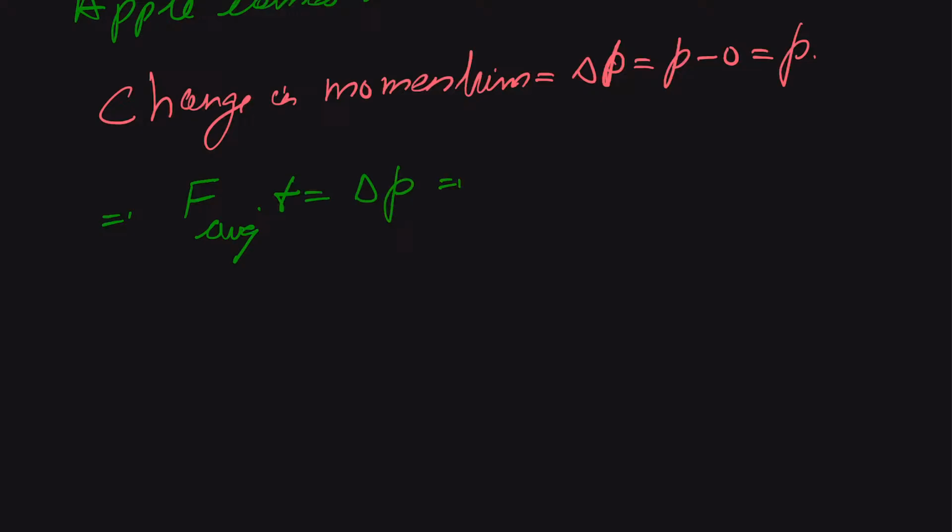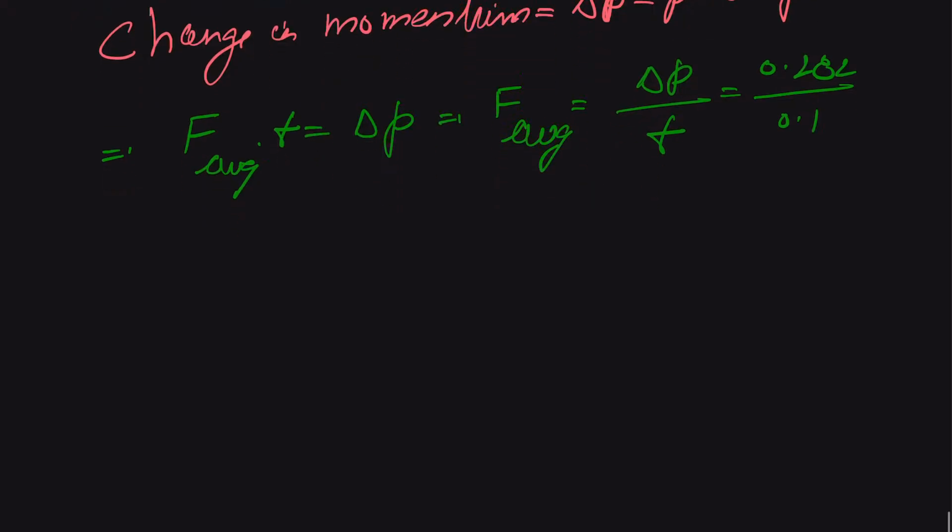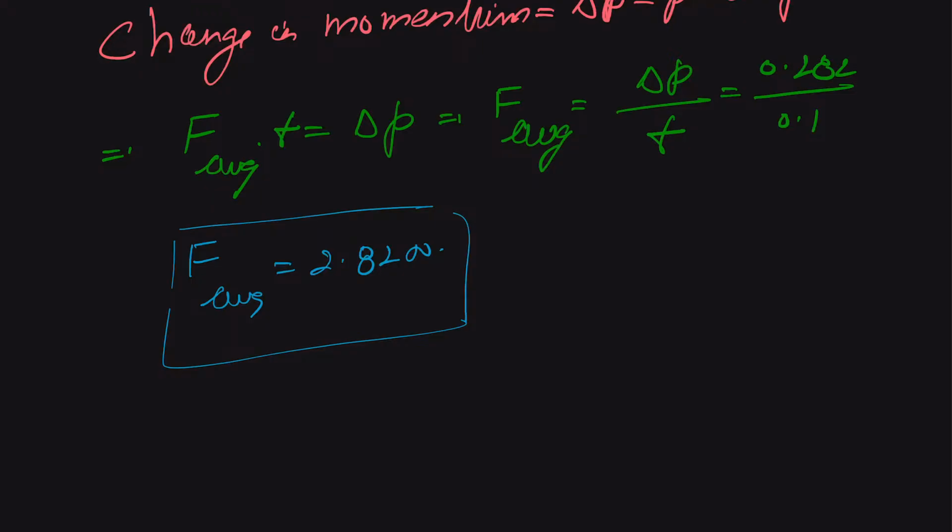Therefore, the average force will be equal to the change in momentum divided by t, which is 0.282 over 0.1. So we get F average equal to 2.82 Newton. So we found out our average force.